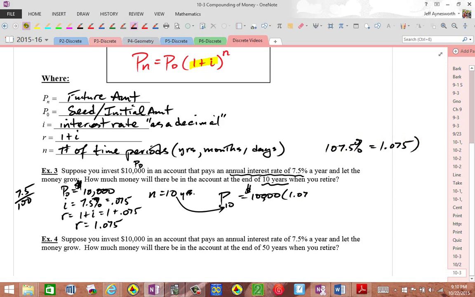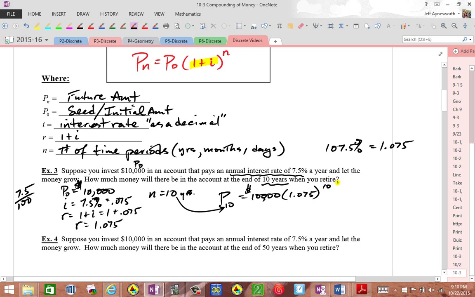That's where I get this number here. That's why we add 1 to the decimal, because it's the same thing as adding the 100% to our percentage like we did previously. It's just quick and easy to write it 1 plus I, where 1 stands for 100%. And then raise it to 10 years.